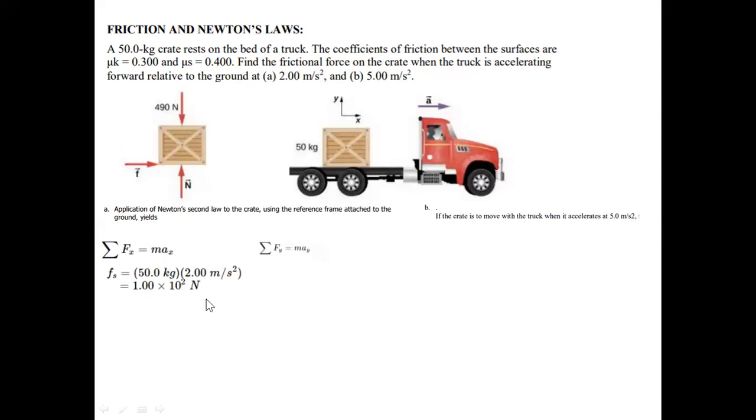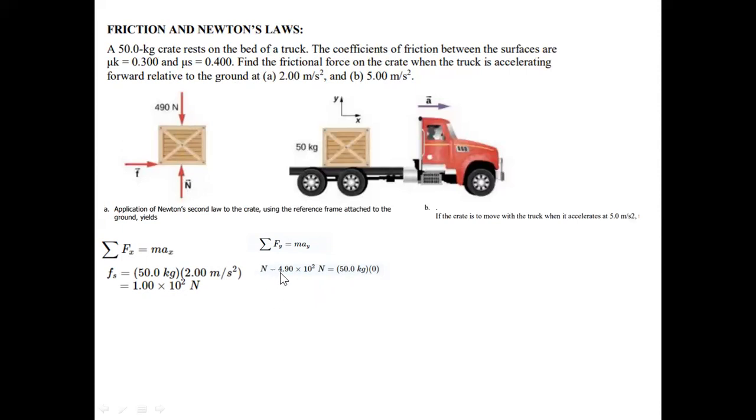Our static force here gives us 100 newtons, or in scientific notation, 1 times 10 raised to 2 newtons. Now, for the second one, we're going to use the summation of forces along the vertical axis: the sum of Fy is equal to mass times acceleration, ay. This is the balance of the following. We have the summation of forces for the y-axis as positive normal force and negative weight. The normal force is positive because it points upwards, and our weight is negative because it points downwards.